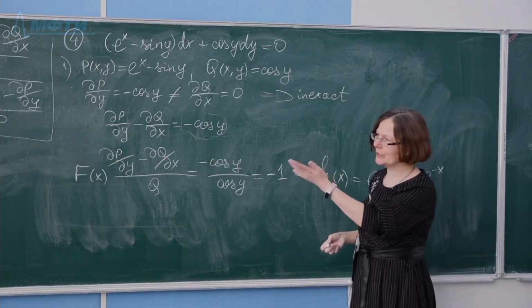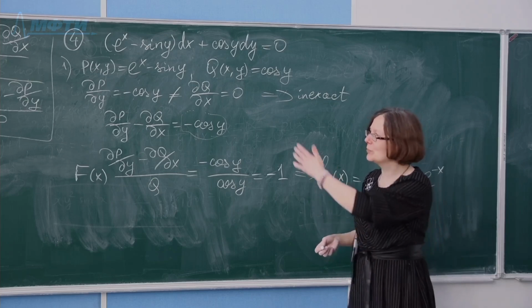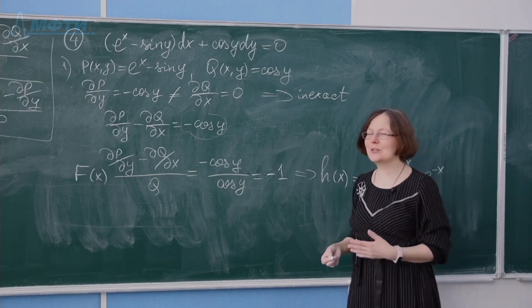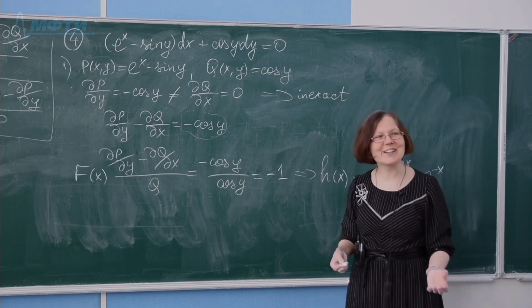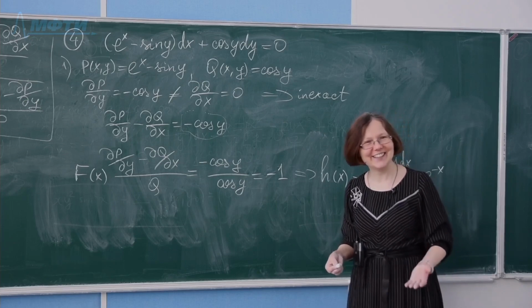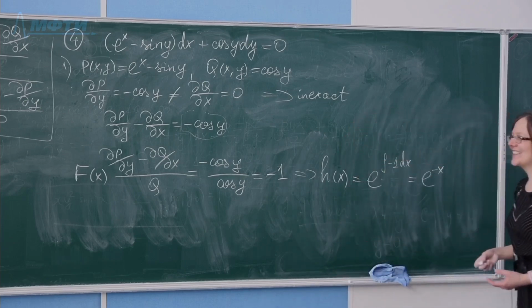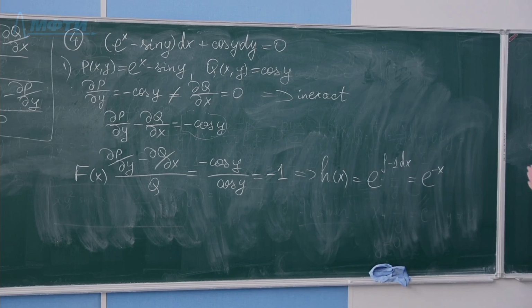But if both formulas do not work, then the situation is more complicated, and so it should be solved by other methods maybe. But now we will discuss the first type, this one, right? H of x is this function, and then let's complete the solution of our task.